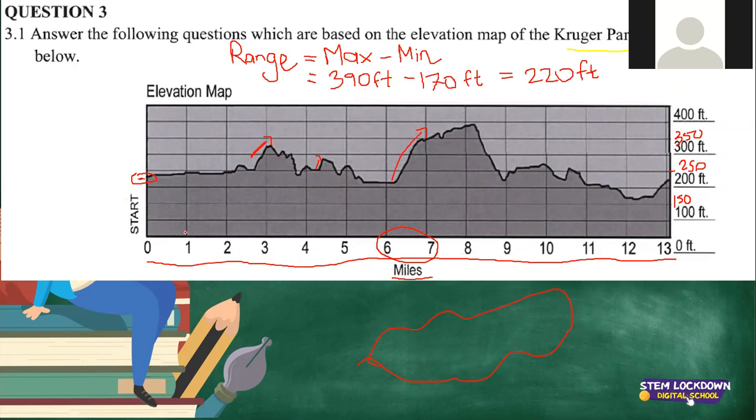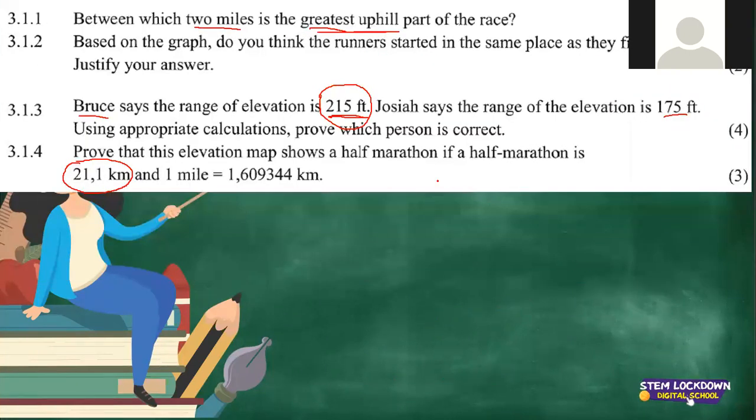You can see from the start till the end, right? It is in miles, right? It's about maybe 13.1 miles. So in miles, it's about 13 or 13.1 miles, right?